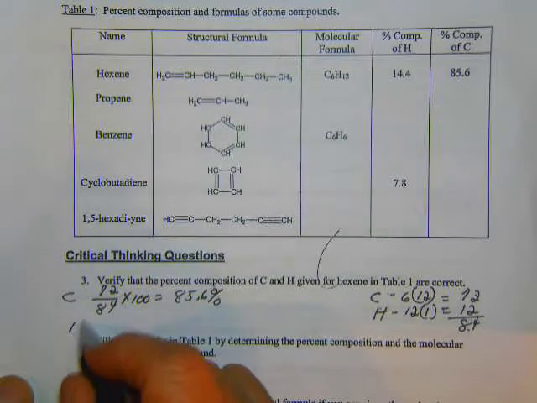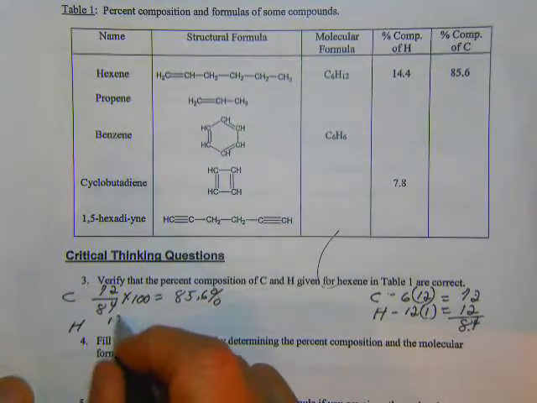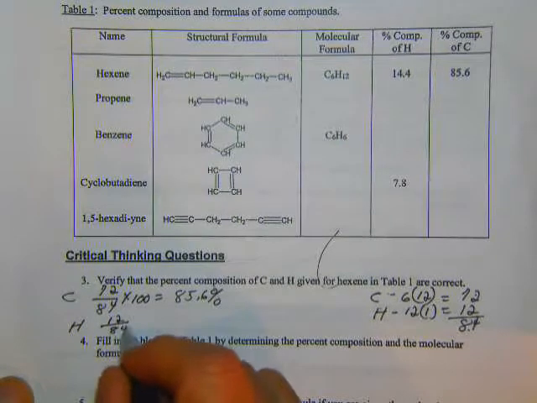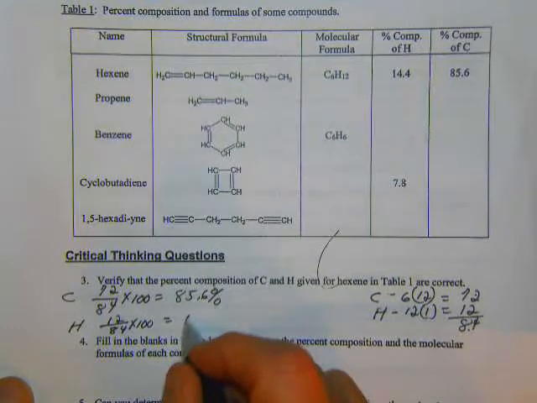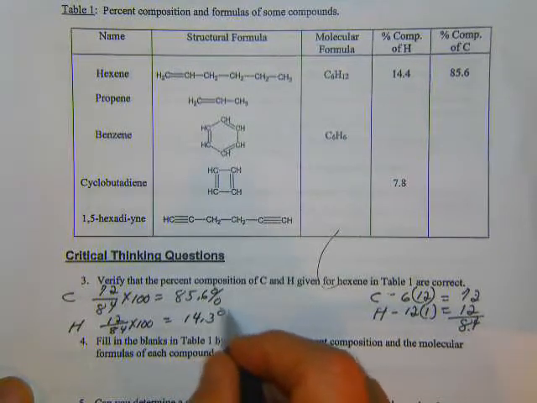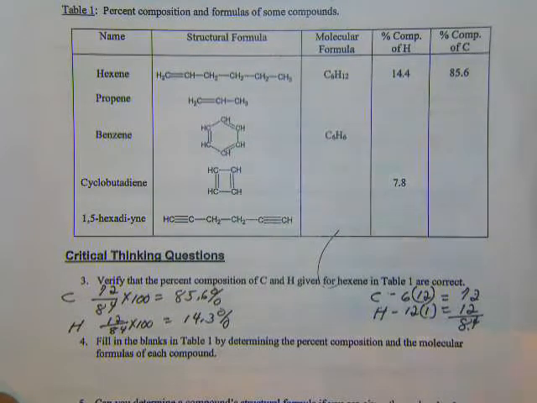For hydrogen, we do the same thing: 12 over 84 times 100 equals 14.3%. They got 14.4. We're pretty good. Not too bad on that one.